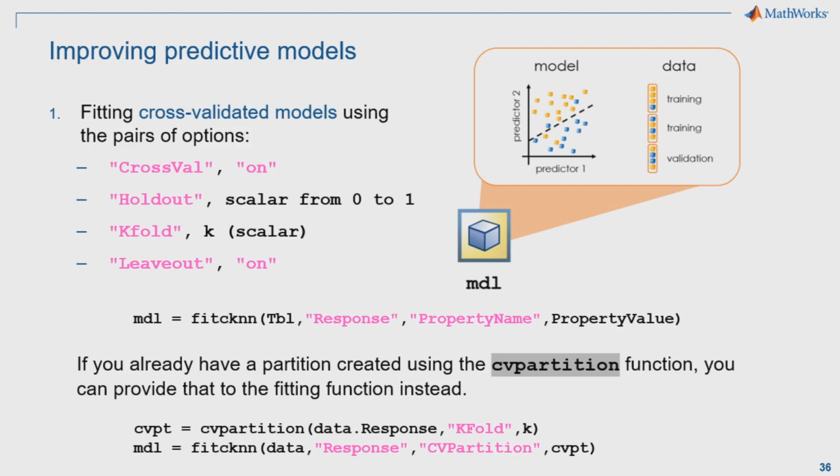You can also manually specify a partition using the cvpartition function, and in that case you specify a partition once and then you call your model to be cross-validated by the partition that you specified with cvpartition. This is useful if you want to check the behavior of different algorithms, but with the same partitions, for instance.